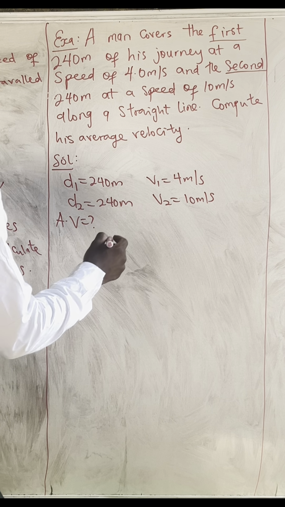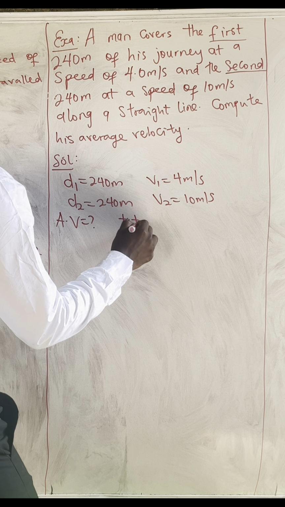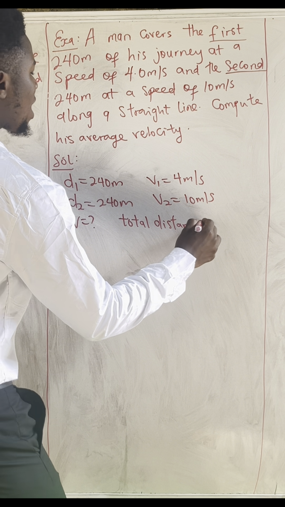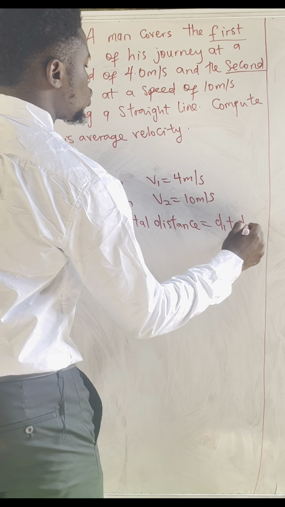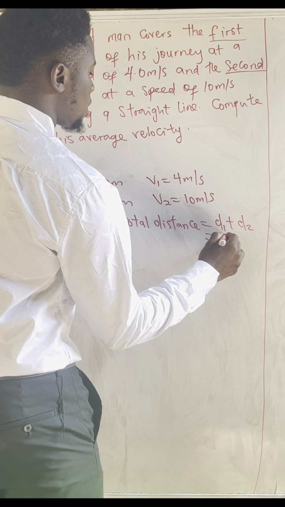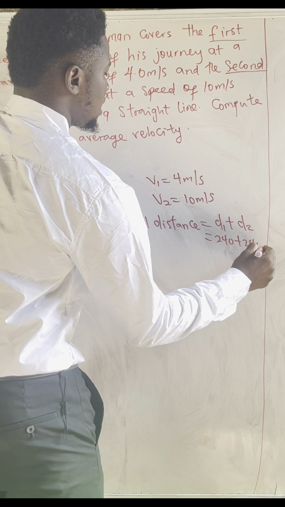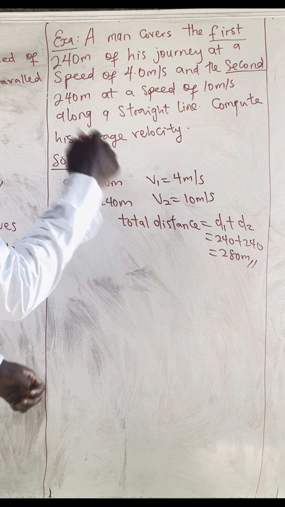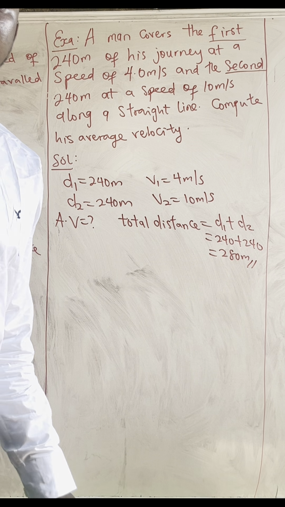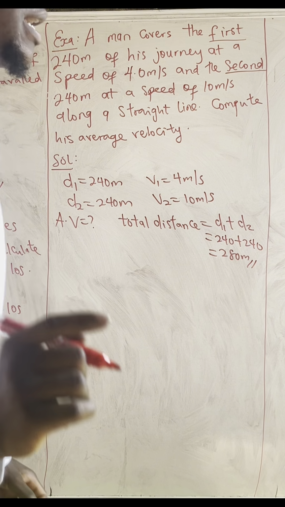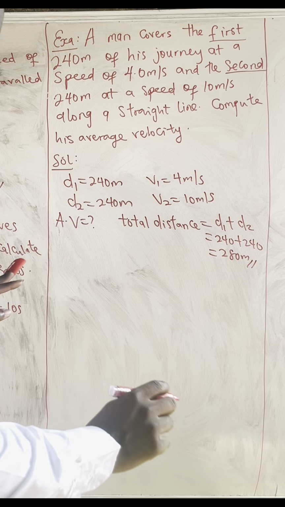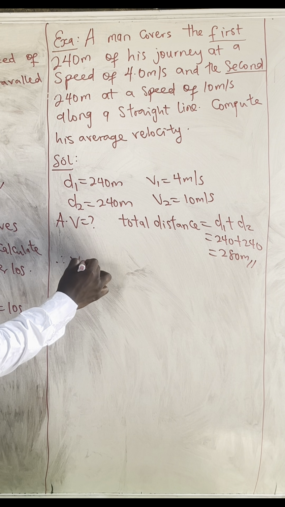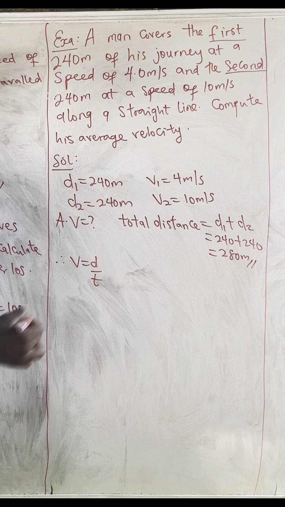So guys, the total distance would be equal to d1 plus d2, and that's equal to 240 plus 240, and that's equal to 480 meters. This is total distance, guys. Now what remains? It remains the total time. Now if I want to get my total time, this simply means that I will just remember that velocity is equal to distance over time.